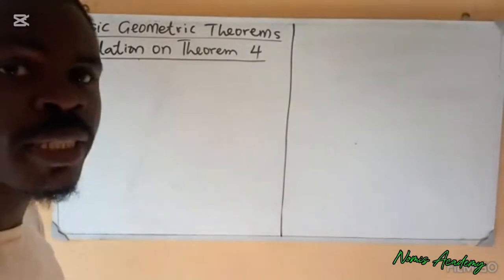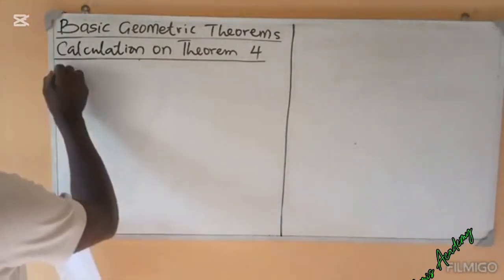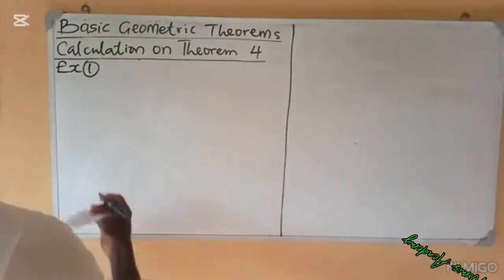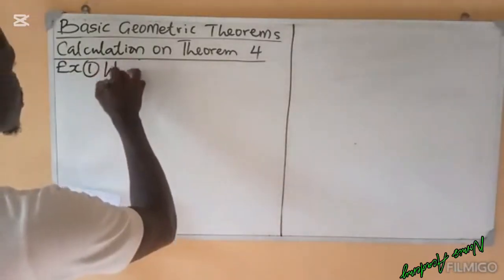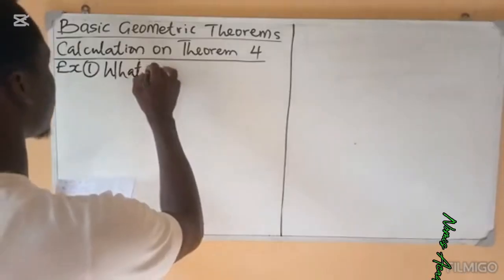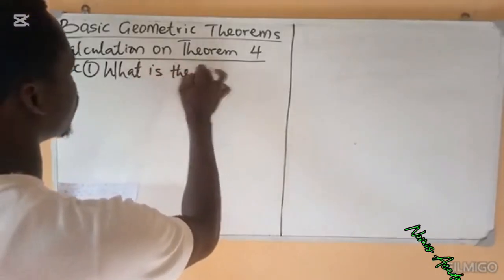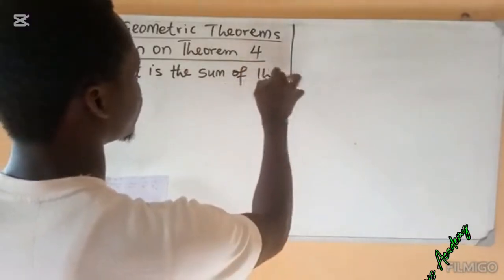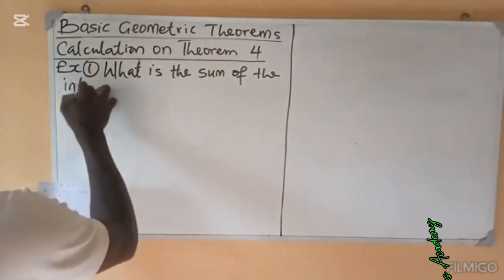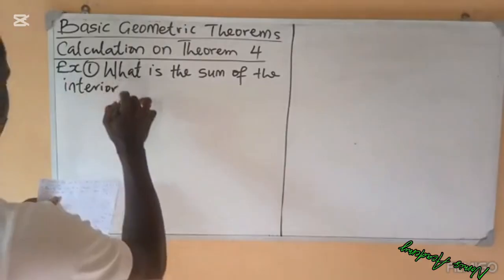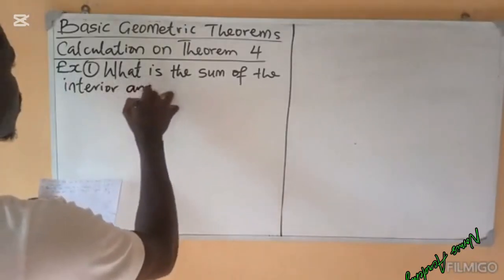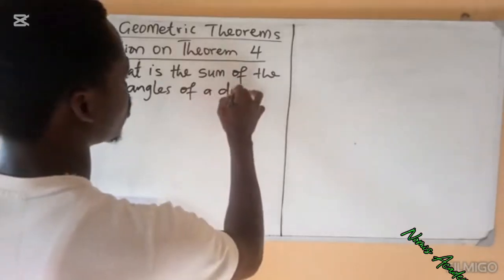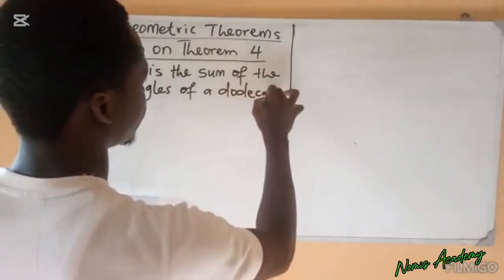So let's pick the first example. Example 1. It says, what is the sum of the interior angles of a dodecagon?